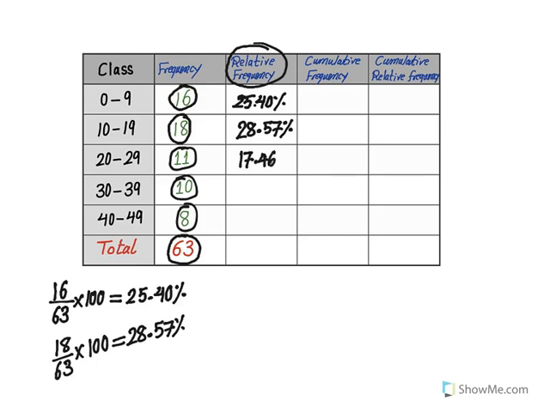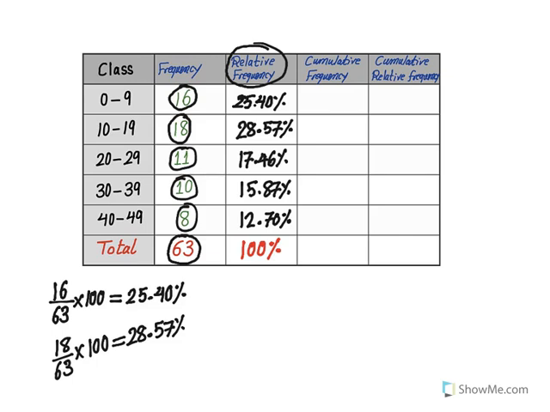For 11, you'll get 17.46%, for 10 you'll get 15.87%, and for 8 you'll get 12.70%. And of course, if we add all of them, we must get 100%. This is what we call the relative frequency.